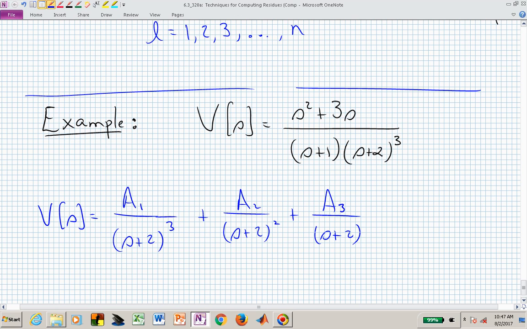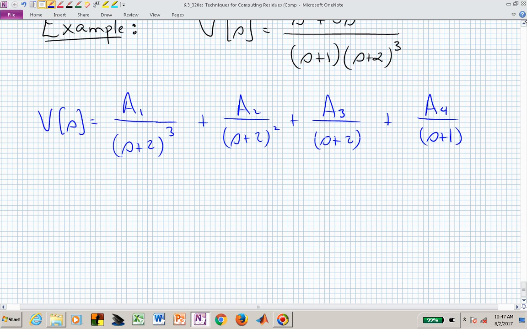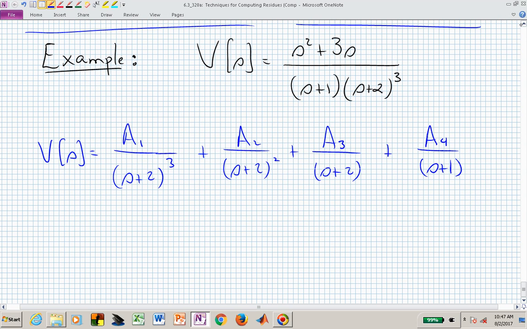It's a1, a2, and a3 plus a sub 4 sitting on top of s plus 1. And what do we do now? Well, we probably don't want to be doing differentiation to find some of these that are immediately available to us. And immediately I'm saying maybe with the cover-up method. We can use the cover-up method to find a sub 4.